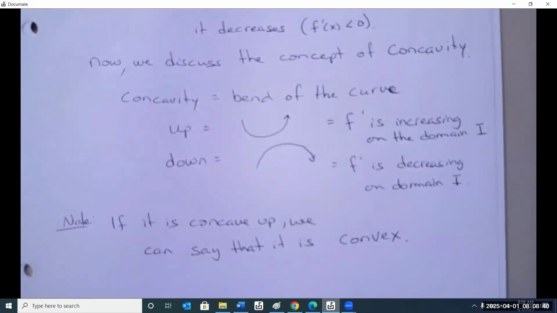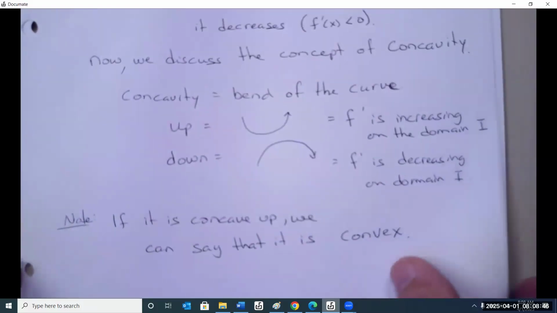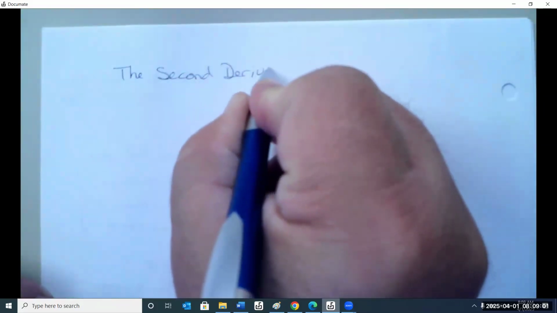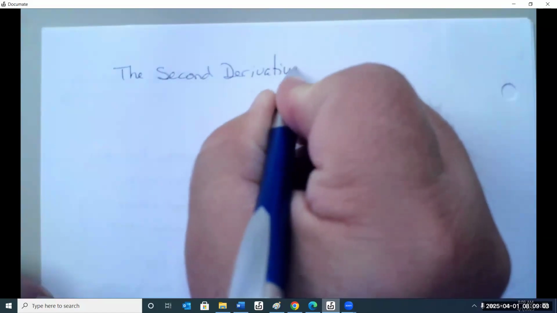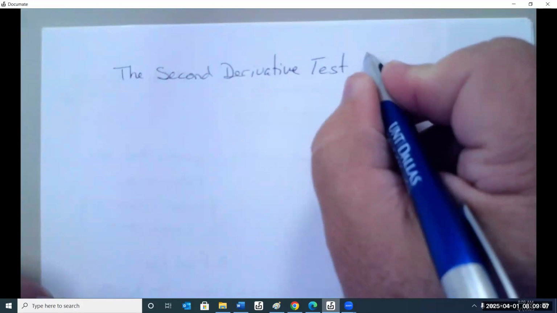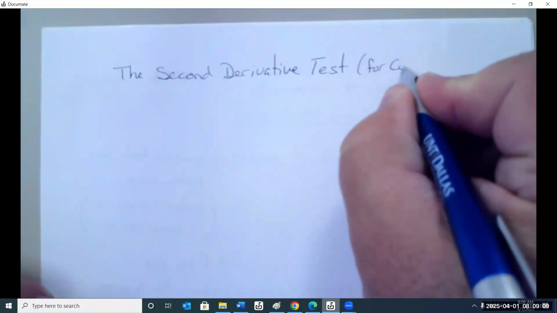So the first derivative tells us the shape of the curve, the direction of the slope. Concavity is defined by the second derivative. The second derivative test for concavity.